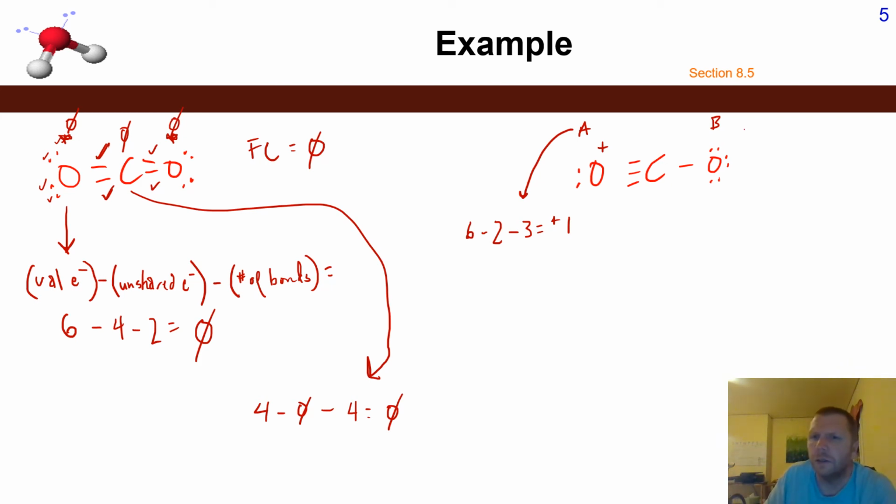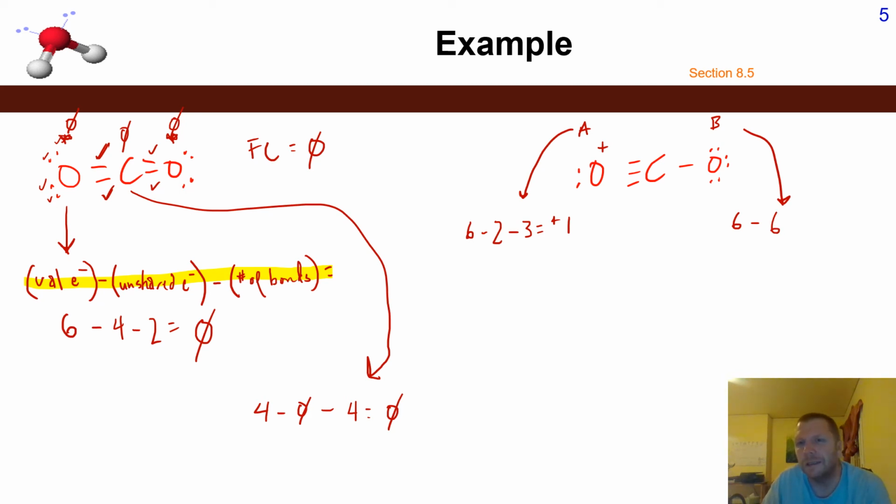Okay, so now let's look at oxygen B. Well, again, I'm going to highlight this formula right here. I'm using that exact formula again. How many valence electrons does oxygen bring in? It's bringing in 6. For this oxygen that I've labeled B, how many unshared electrons does it have? 1, 2, 3, 4, 5, 6.